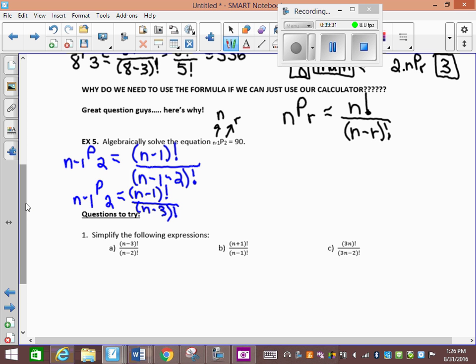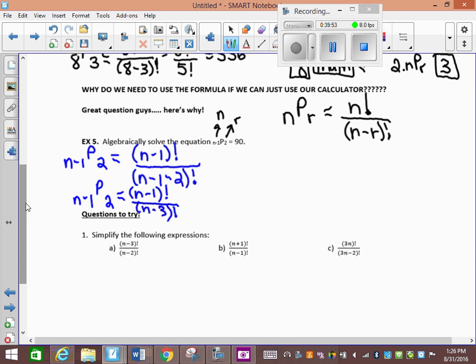Now that looks even worse than it did before. The n minus 1 P 2, what does that equal? Is there anywhere in there that gives us something nicer than n minus 1 P 2? In the question, where does it say n minus 1 P 2 equals? What is n minus 1 P 2 equal? 90.